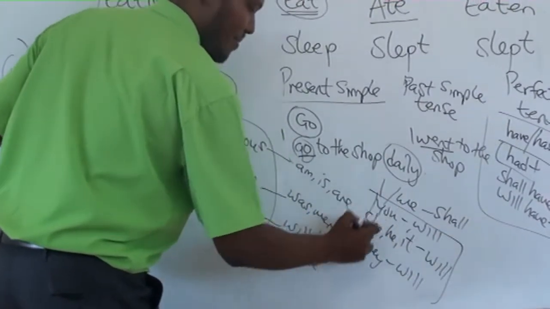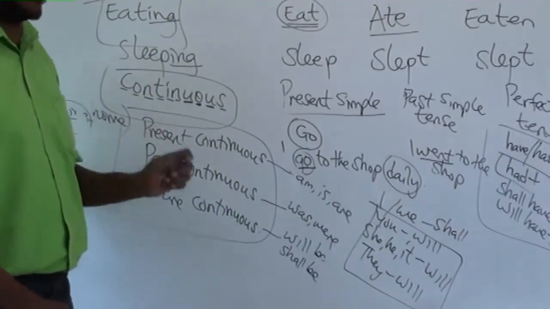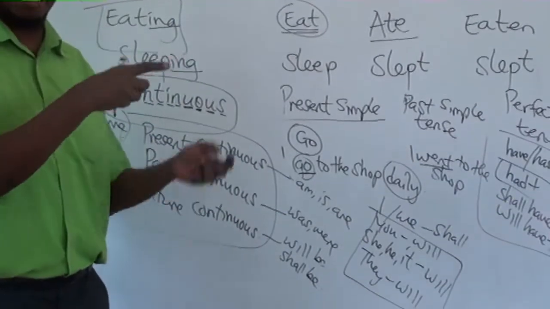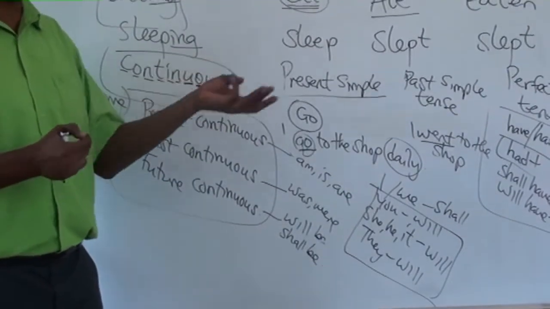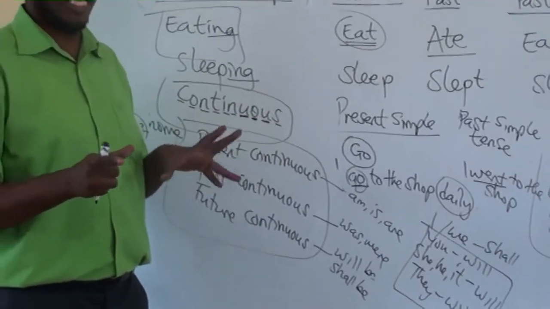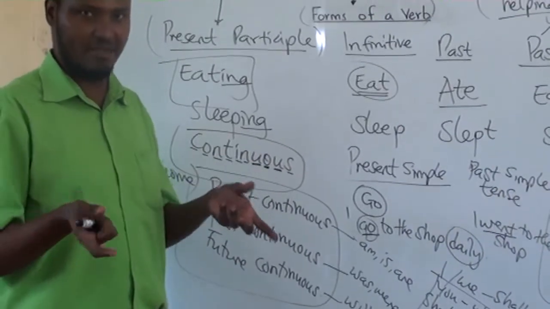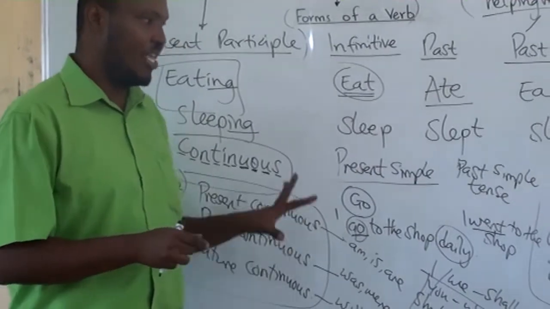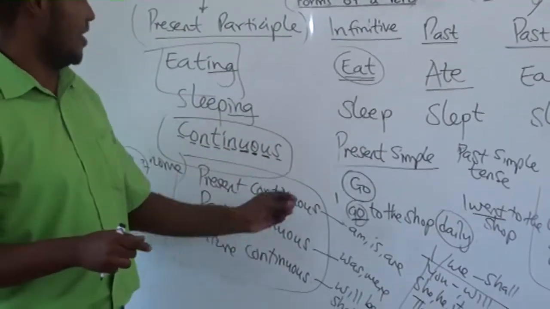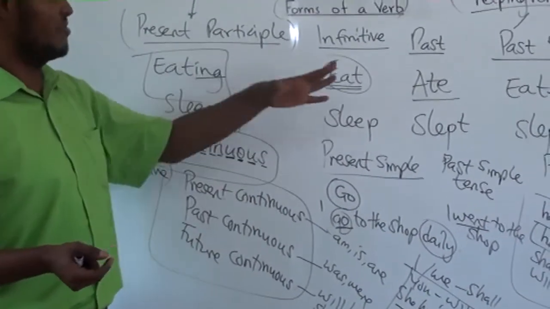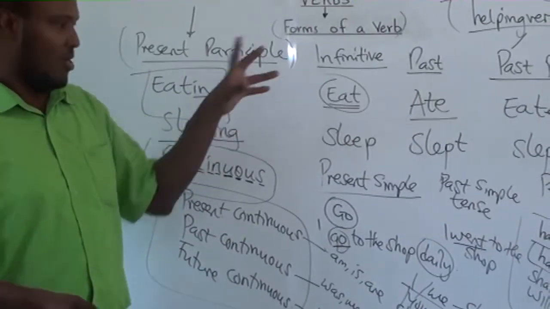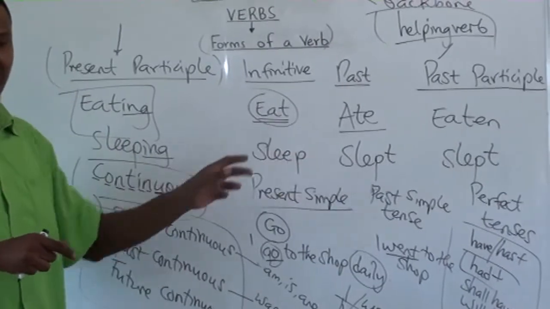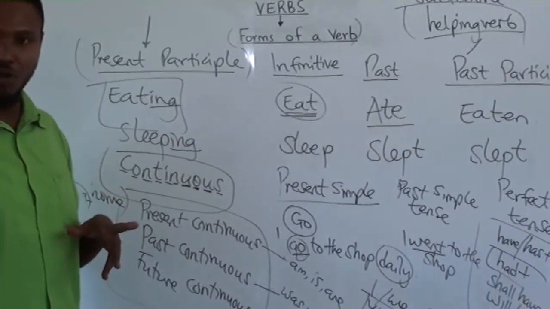So the only person that uses shall is the first person, I and we. And of course in class, we looked at the different persons, so I don't think I'll go over that now. So this is just an introductory lesson to look at the forms of a verb and their importance.